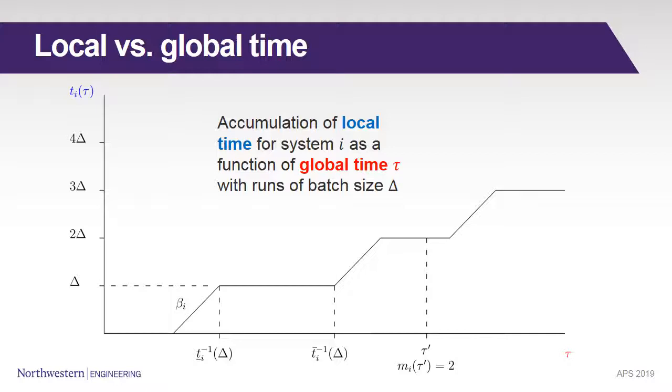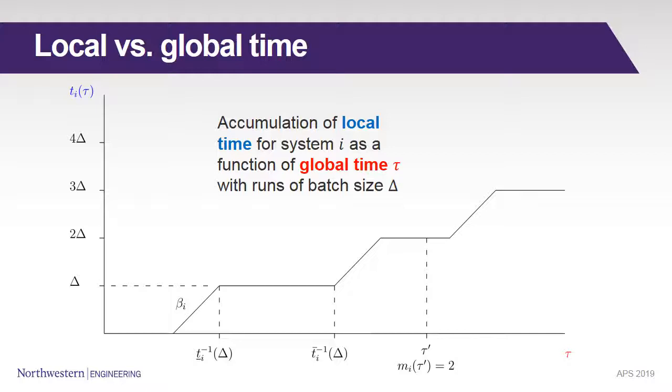Now, in this particular sample path, system I is idle at the beginning, and at some point is assigned to a processor, and then accumulates local time at rate beta sub I until a batch of delta local time has been accumulated. It then is back and idle for a while, waiting for its next time to execute. A bit later, it starts executing again, accumulating another delta of local or accumulated observation time at rate beta I, and so on.